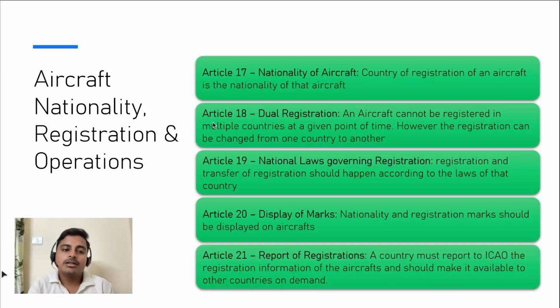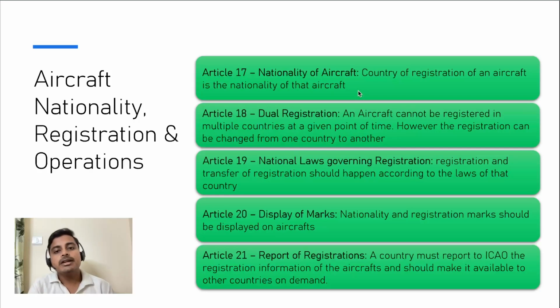Article 21, report of registrations. So when a country is registering or deregistering an aircraft, it has to inform the ICAO with all the information so that the information is centralized and is available to other states, other countries when required.